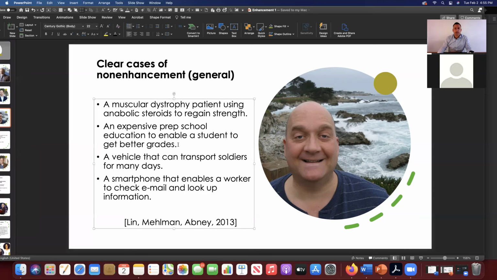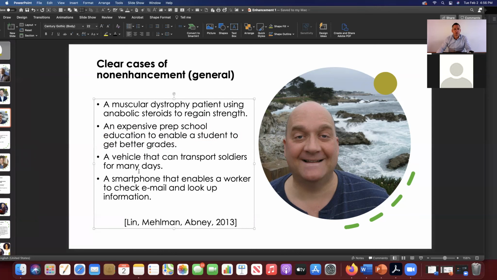But most people tend to think that it's perfectly fine for parents to send their students to expensive prep schools, so long as they have the means to do so. This seems to be in line with the duties of beneficence that parents have relevant to their children, of course.